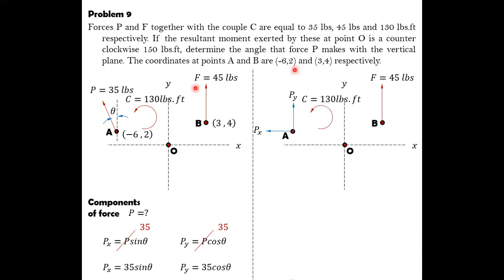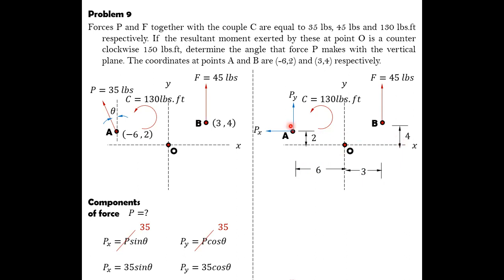So the exact location of point A from the point of origin is 6 and 2. 6 is the horizontal distance, 2 is the vertical distance. And the exact location of point B from the point of origin is 3 horizontal and 4 vertical.